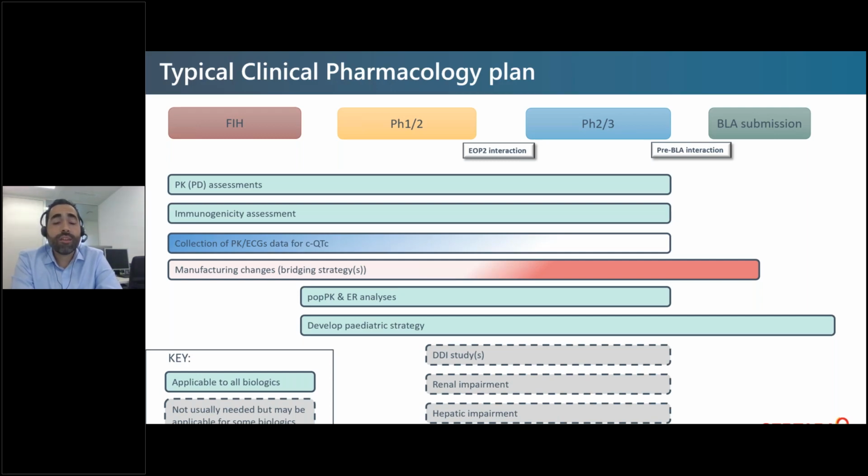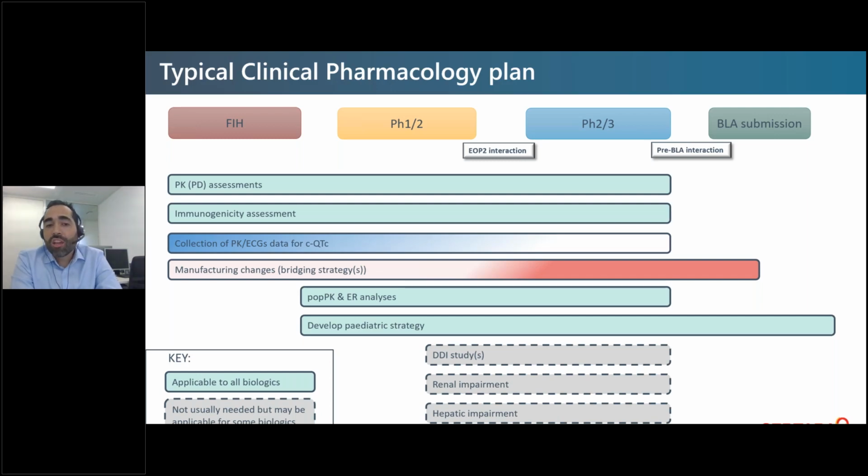Concerning cardiac safety, you need to collect PK and matching ECG data to conduct this exploratory CQT analysis. It is better to collect this data at the early stages to facilitate the development, limit the cost of this investigation and exclude any risk from the beginning, and not wait for the late stages to explore this.